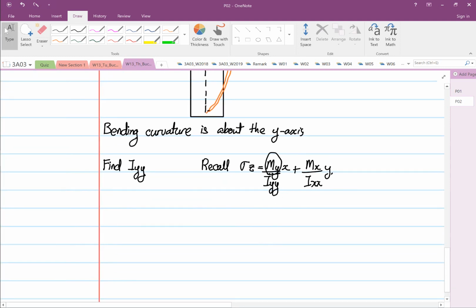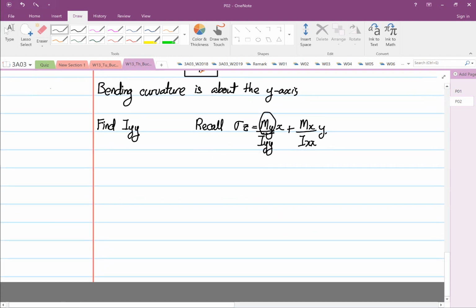Because the critical load will be equal to pi squared over L squared multiplied by EI. We know E and everything else is constant. I is your variable now, depending on how the structure is deforming.